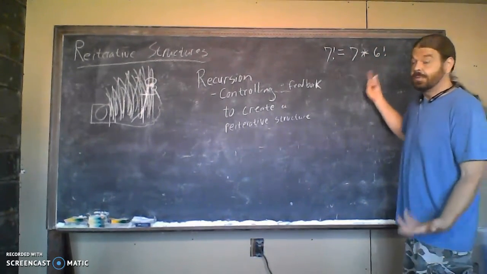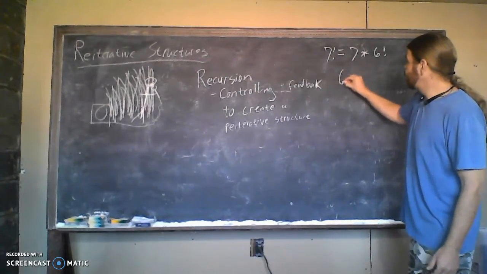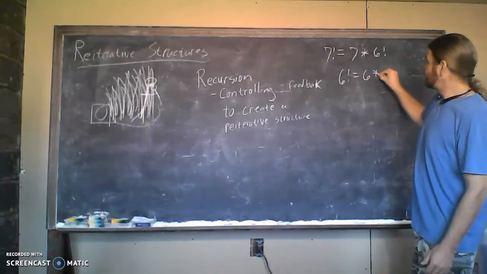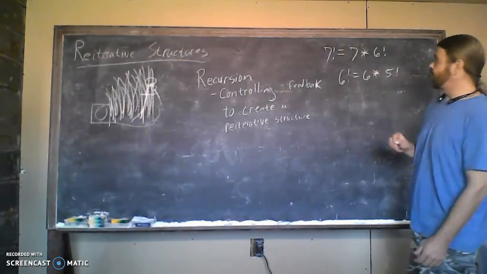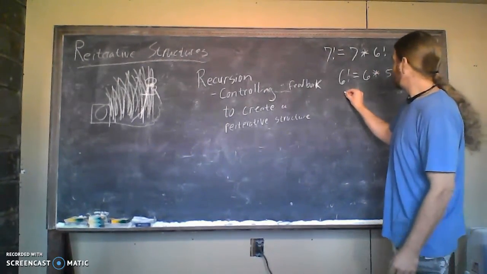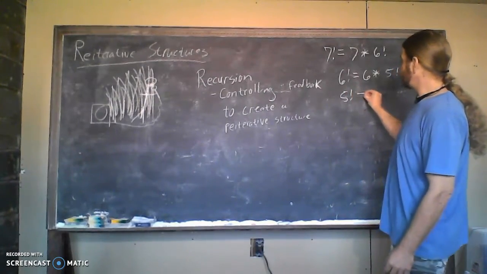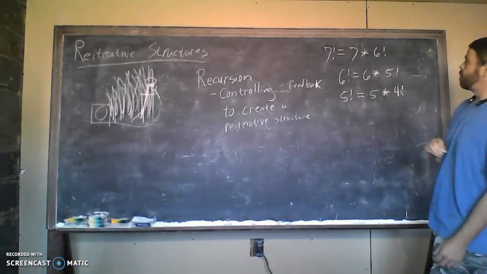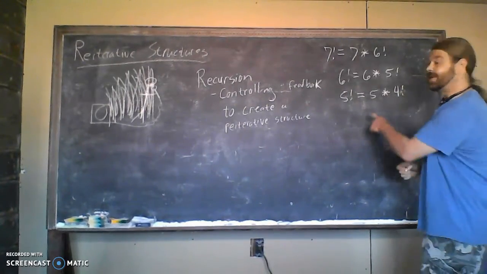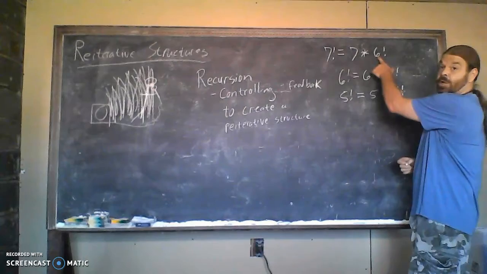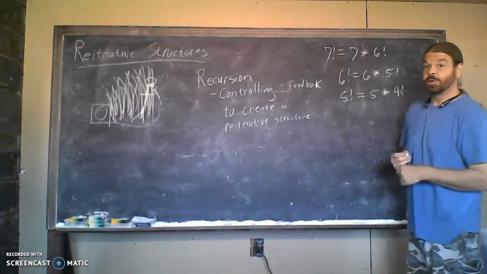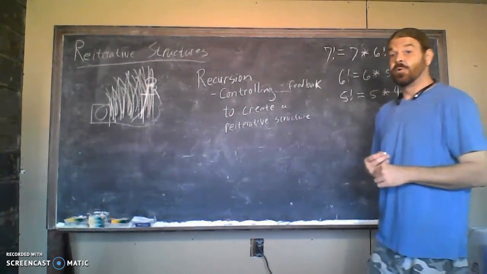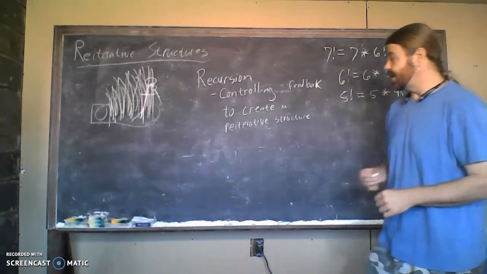And 6 factorial, we could break that down into 6 times 5 factorial. And 5 factorial, we could write as 5 times 4 factorial. I think you kind of see where that's going. Every smaller factorial is included in the one we're looking at. And that process continues. And that's necessary to do things recursively.